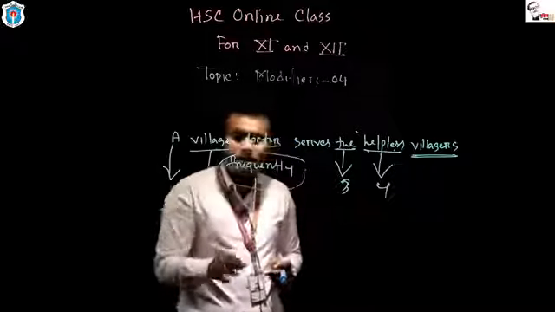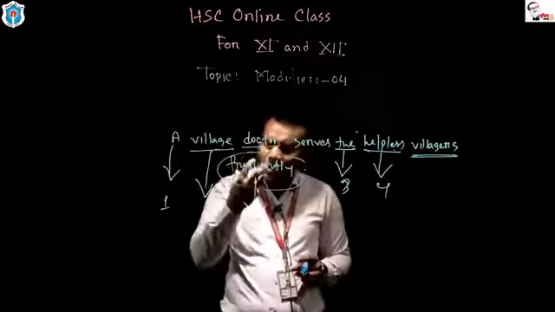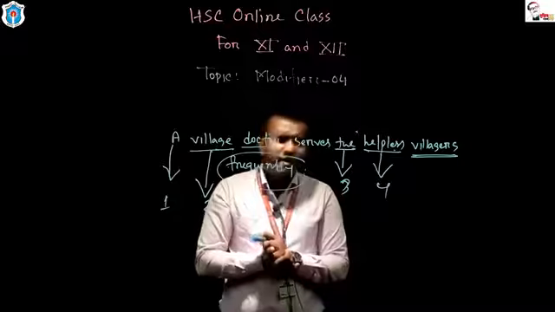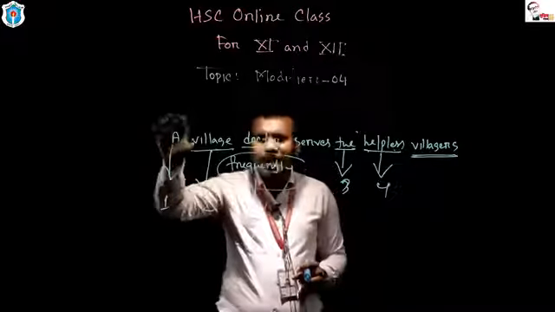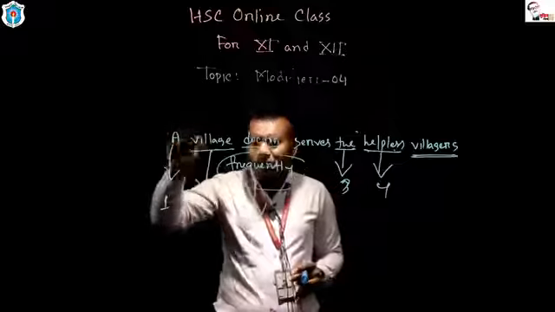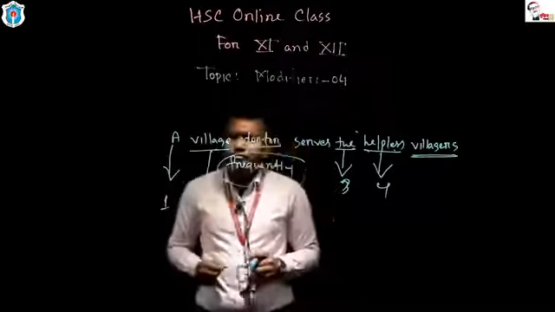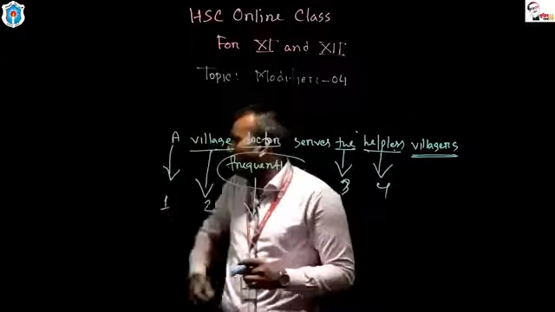Now, there is another question. Try to analyze the given sentence very critically. A is a modifier. A is a modifier because it has modified doctor. But I have a question. What kind of part of speech is A? Who can tell me?